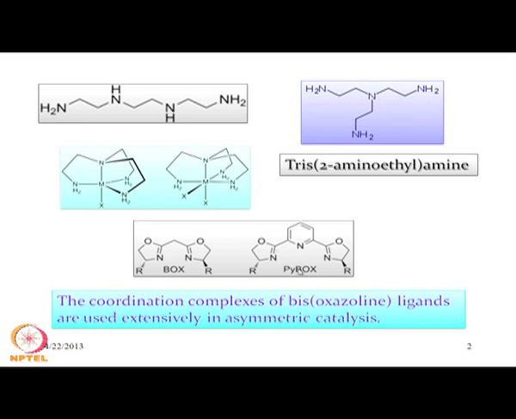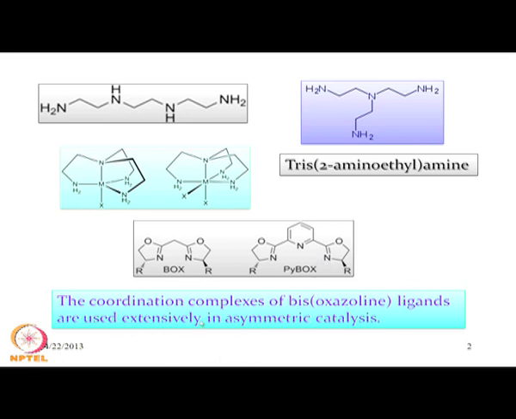So, we get a P-box ligand. The P-box ligand is a typical tridentate ligand, but it is different from the pyridine ligand, because the geometry is different, its coordination is different, and the corresponding metal nitrogen bond distance and the strain on the ligand are also completely different.